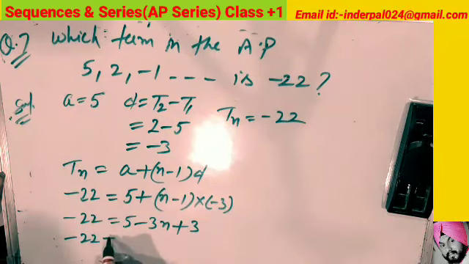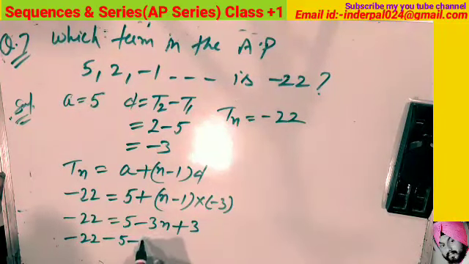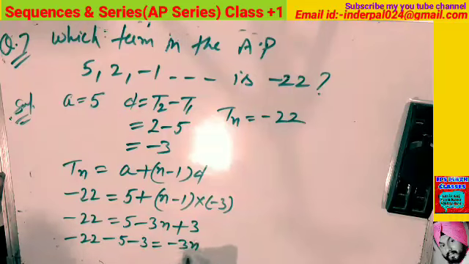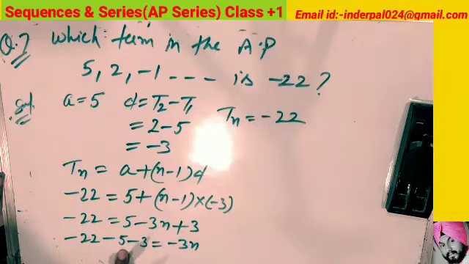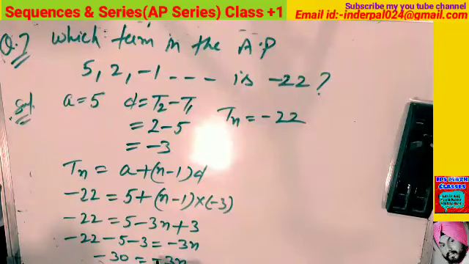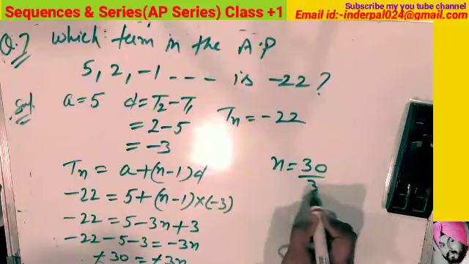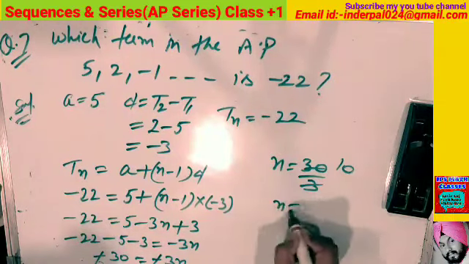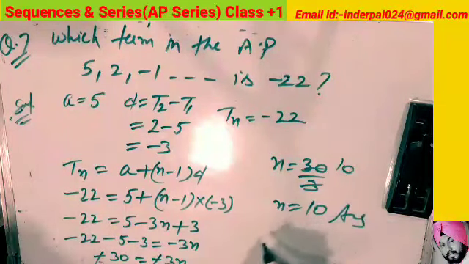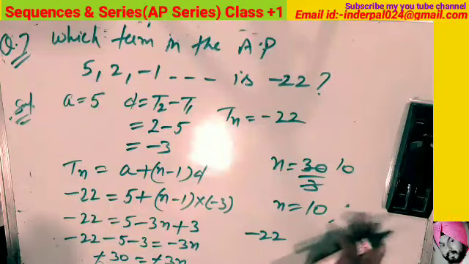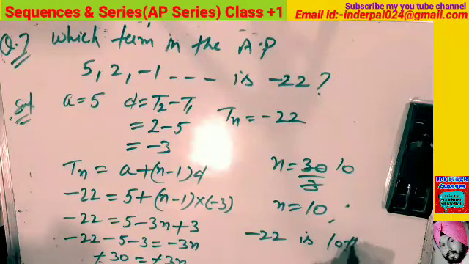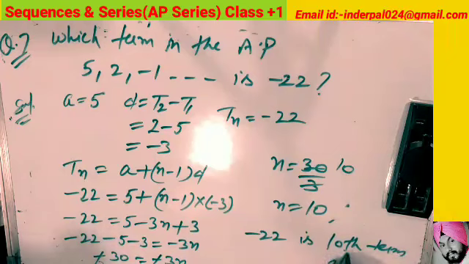Minus 22 minus 5 minus 3 is equal to minus 3n, so minus 30 equals minus 3n. Minus is cancelled with minus, n will be 30 divided by 3, n is equal to 10. Here minus 22 is the 10th term of the AP.